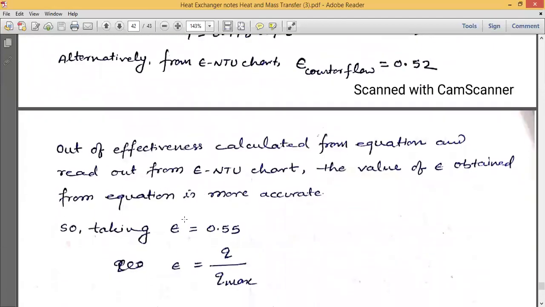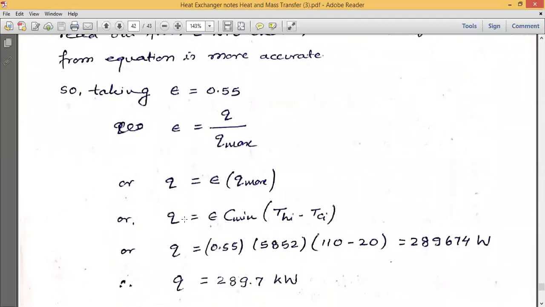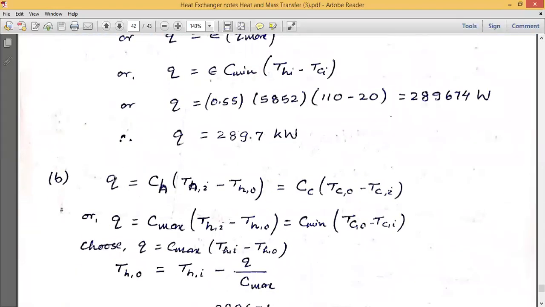Thereafter, we calculated the value of Qmax as C minimum into THI minus TCI. By the multiplication of this Qmax with epsilon, we were able to calculate the value of Q. Now, by using this Q value, we were able to calculate the TH naught value as well as the TC naught value. So this is the standard problem solving procedure.